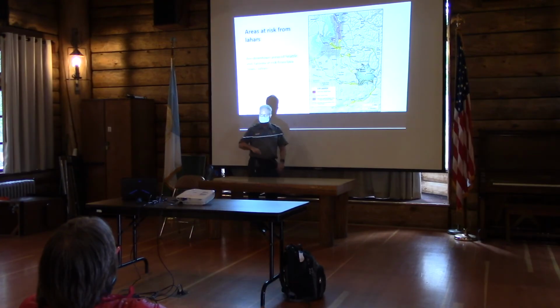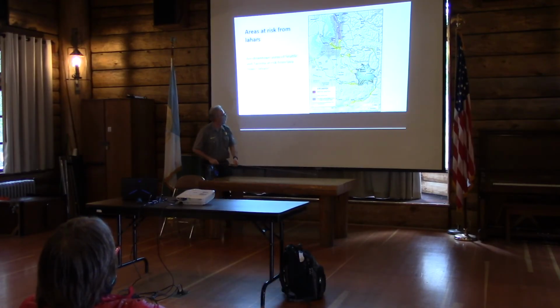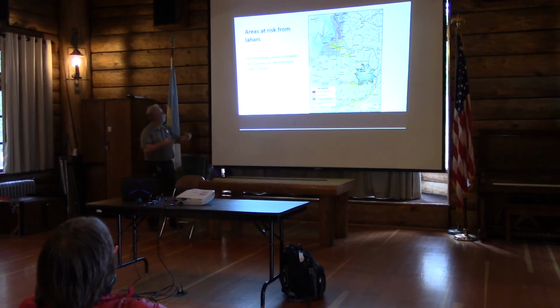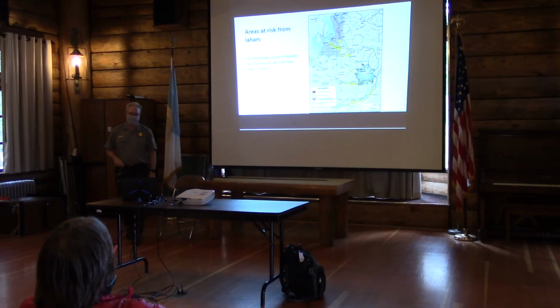So the extent of the glaciers is a good approximation for about how far the lava goes. The lahars are more like the tentacles of the octopus here, right? They're going to go much further, reach much further out, and are a much bigger concern for the whole region than stuff that may happen largely within the boundaries of the national park.